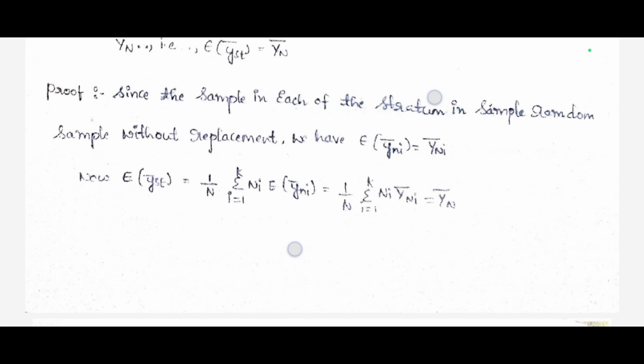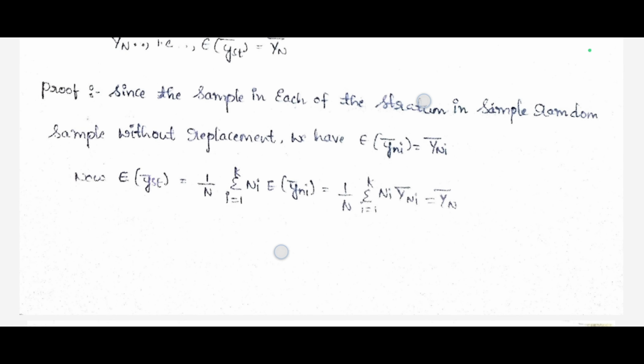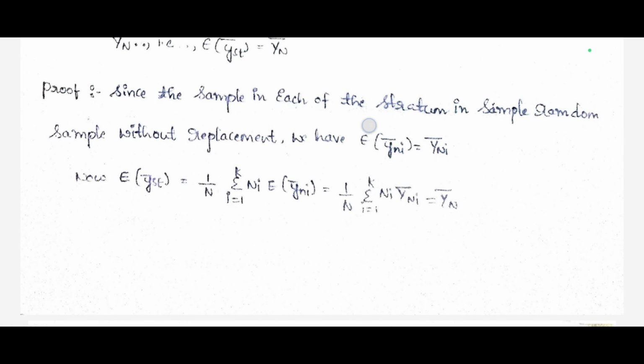Since the sample in each stratum is a simple random sample without replacement, we have the expected value of y bar of ni is equal to capital Y bar of Ni. So in stratified random sampling, the expected value of y bar of ST is equal to 1 divided by capital N, summation of Ni into the expectation of y bar of ni, that is 1 by N into summation i runs from 1 to k, Ni into Y bar of Ni.